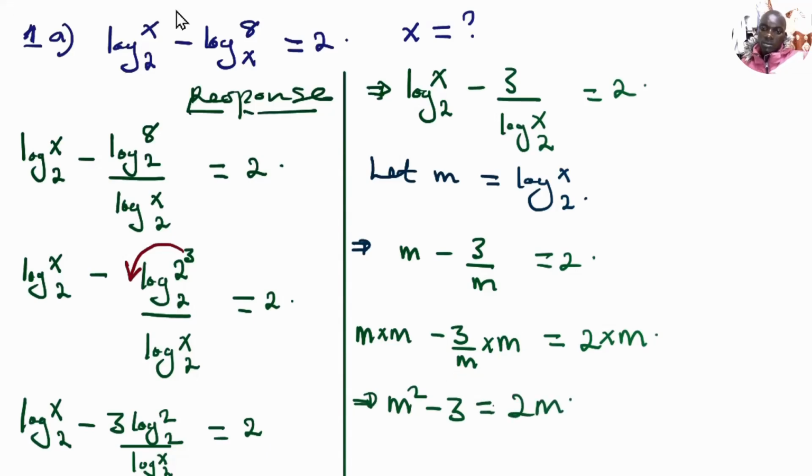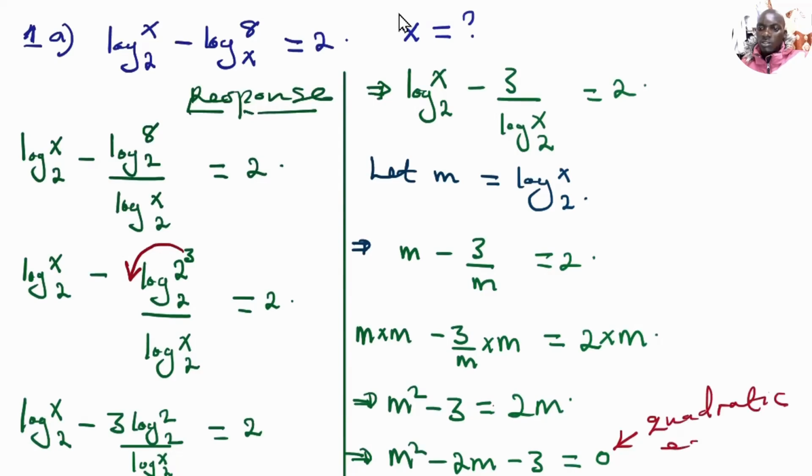We can now bring this 2m to the left hand side so that we form a quadratic equation. So this implies that we are going to have m squared minus 2m minus 3 equals 0. So we can see that this is a quadratic equation. Now let's proceed with it.